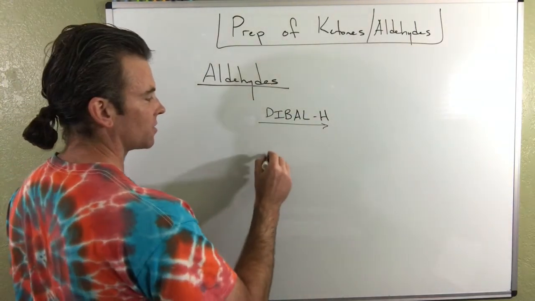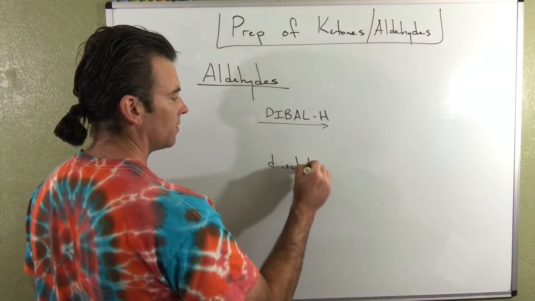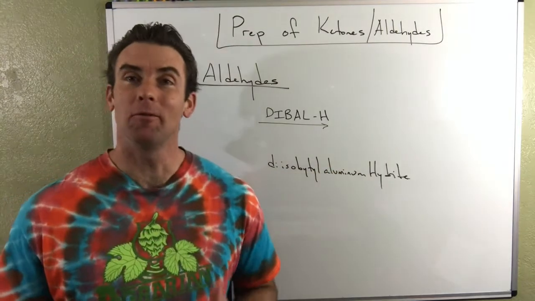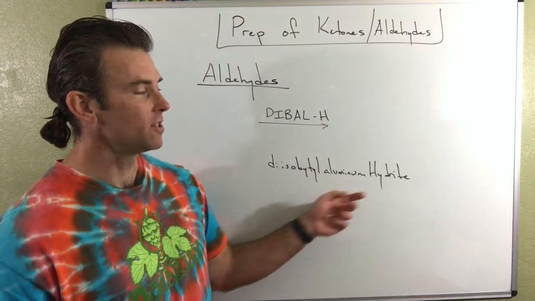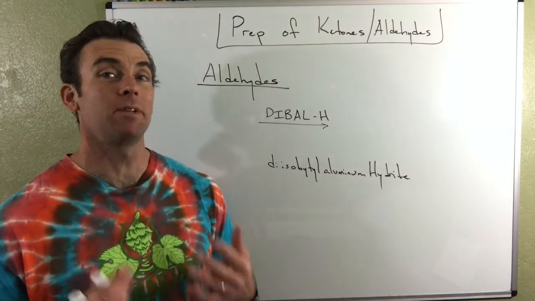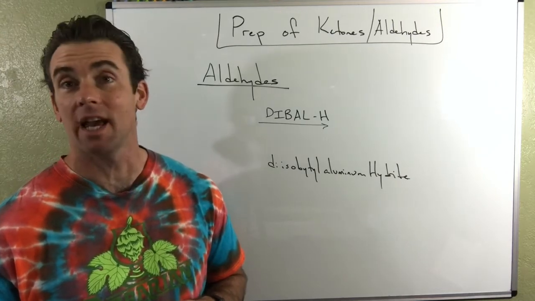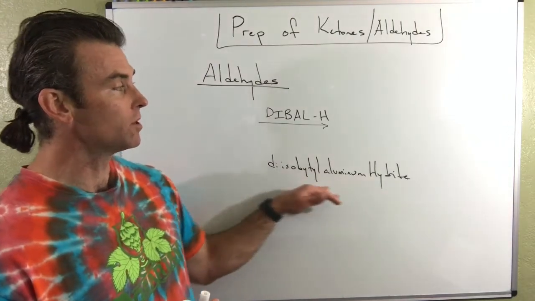And this is actually diisobutylaluminum hydride. As you will probably remember from our talk of reductions, aluminum hydrides generally reduce, right? Well, in this particular case, we're going to be taking a host of different carboxylic acid derivatives, and we're going to be making use of this reducing agent.